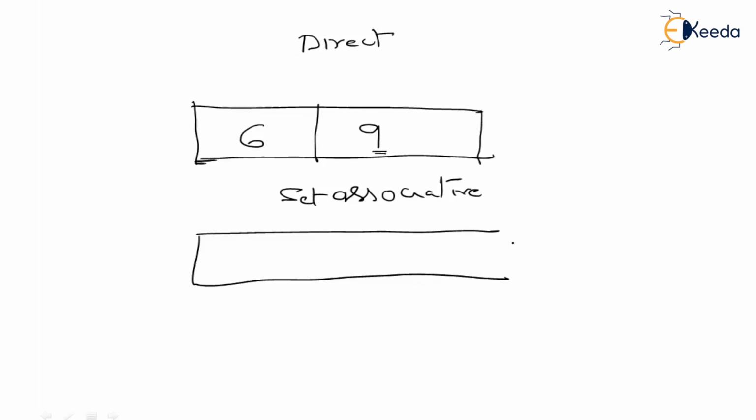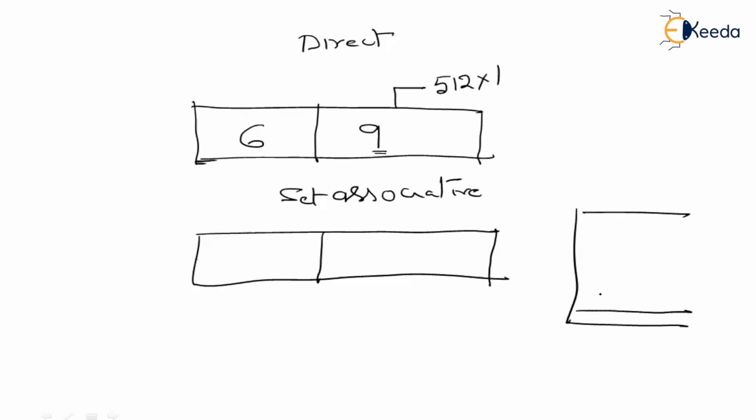Earlier, the number of sets was equal to 512, each set of one word, so 512 is represented with 9 digits. Now in set associative mapping, the number of sets or lines will get reduced to half. As these are reduced to half, index is equal to index minus 1, that is just 8, and tag is equal to tag plus 1, that is equal to 7.